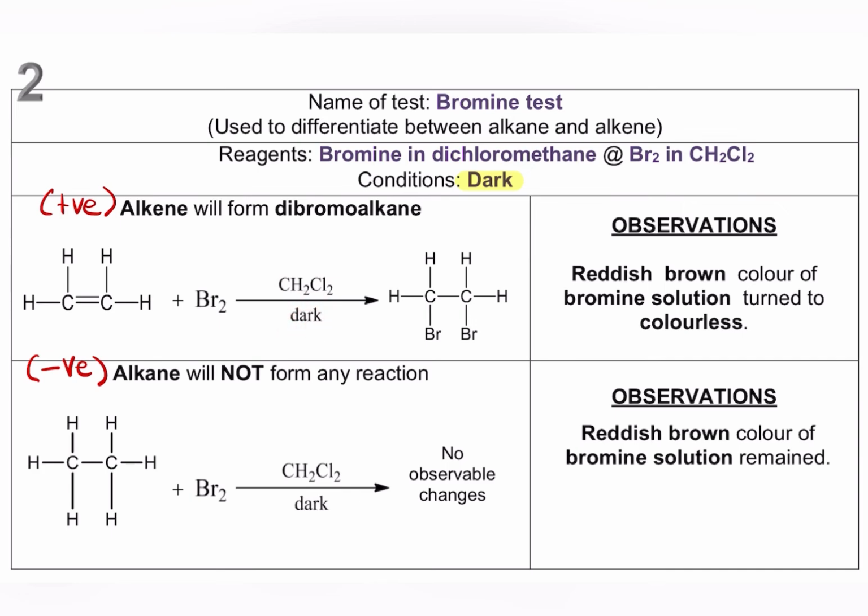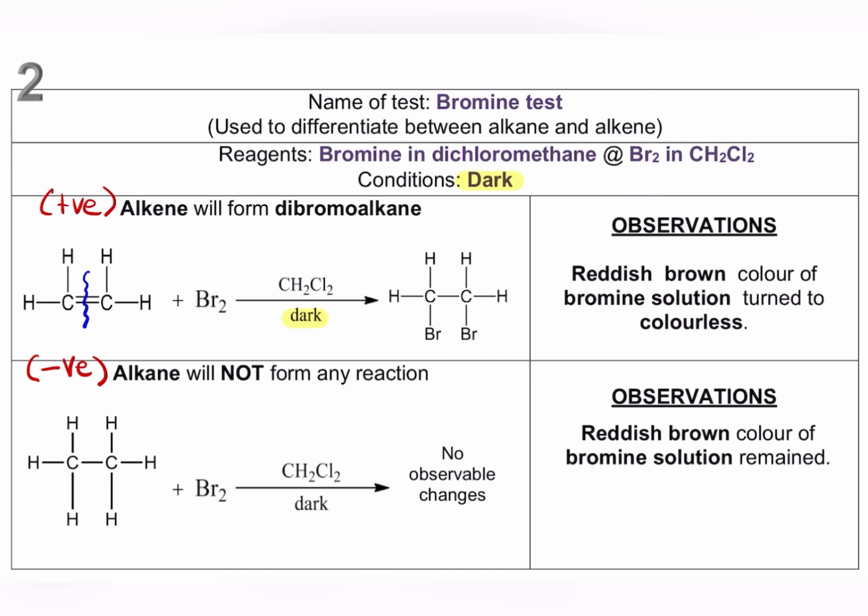This is very important. Put dark here. And what will happen, you will break this double bond of alkene and adding two single bonds, which each of them attached to two Br atoms. So this is what we call as dibromoalkane.